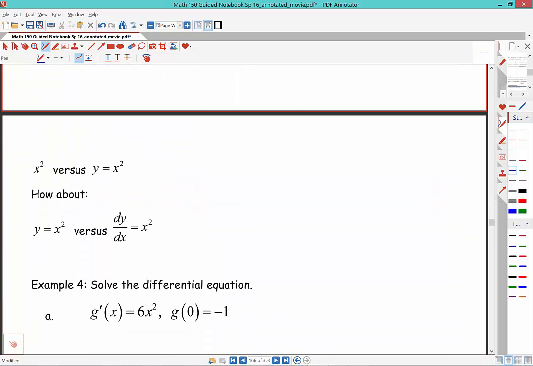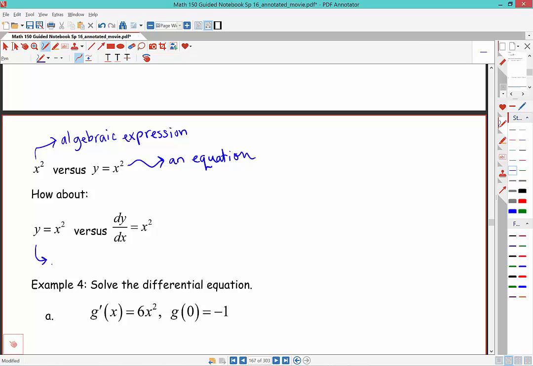If you have x squared versus y equals x squared, the first one is an algebraic expression, and the second one is an equation. Now, what about y equals x squared versus dy/dx is x squared?